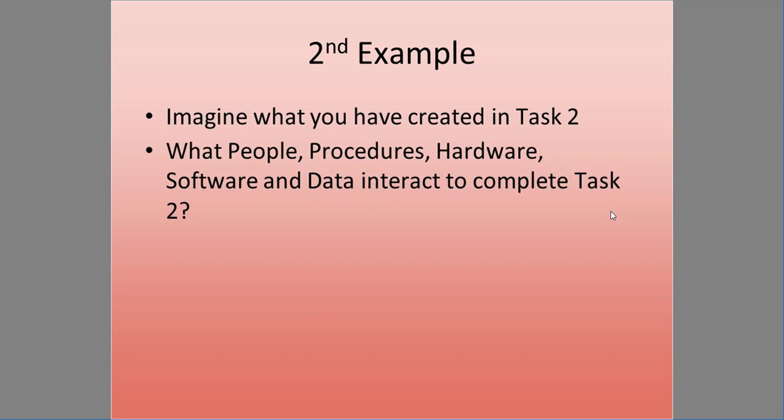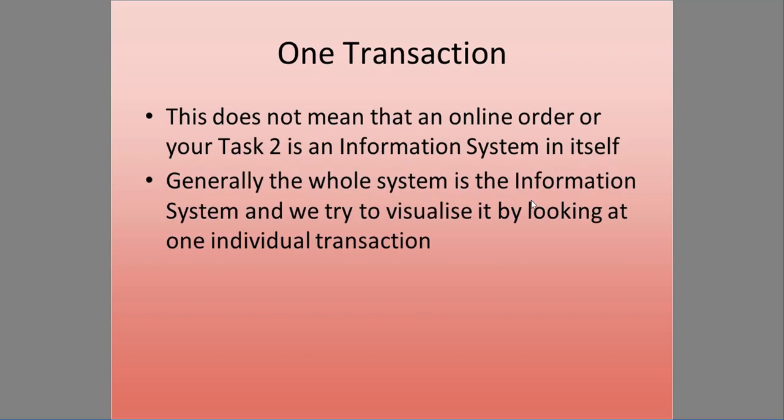So you can start to see that we can basically view anything as an information system, anything that we have created, and think about all of those different things that might be involved in it. What's important to note though is it does not necessarily mean that one online order or your app task is an information system in itself. It's obviously part of a much larger information system.